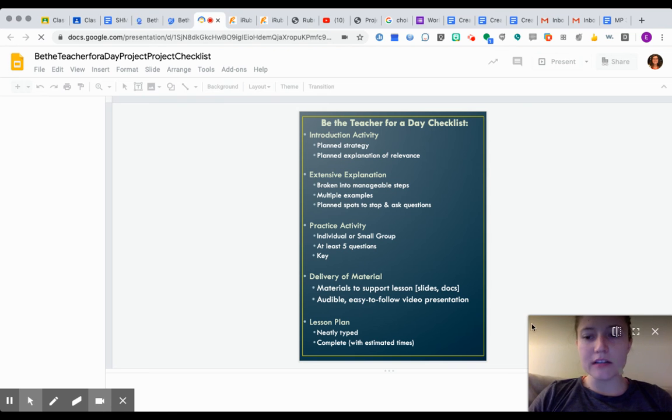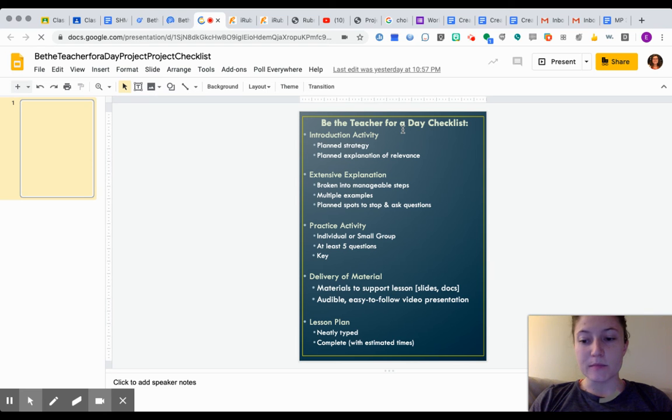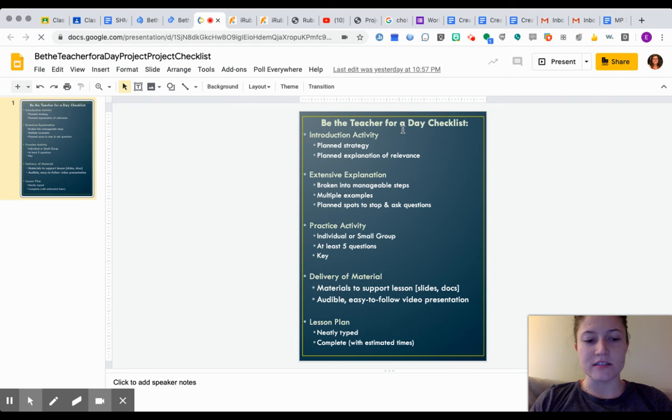And then there's a rubric that explains how you will be assessed. So we're going to start out with a checklist. So you're actually going to visit this last, before you submit your project to Genesis, or to Google Classroom.